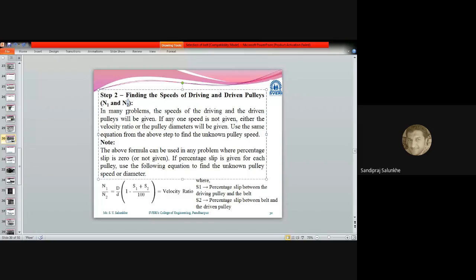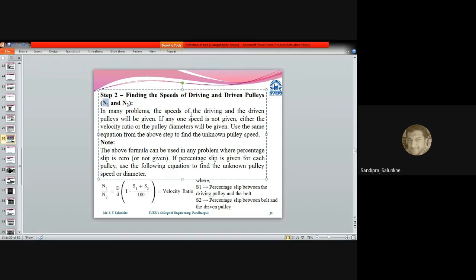When we get different diameter pulleys, definitely the velocity ratio will change slightly. And to cope with that slight change in velocity ratio, again we have to find new speeds for the driving and driven pulleys.